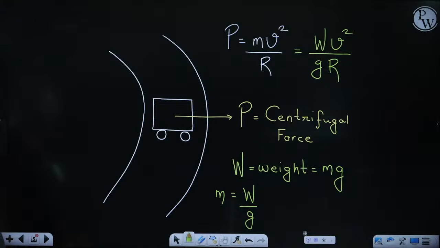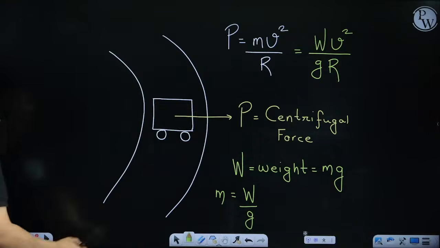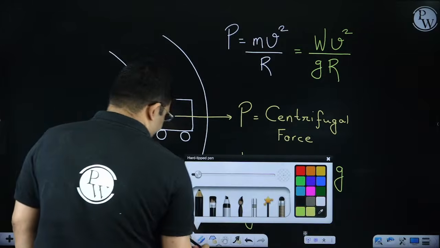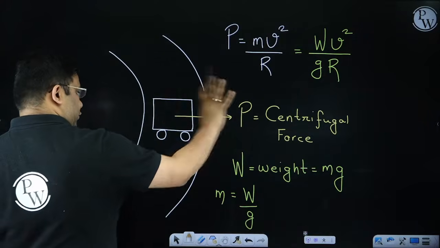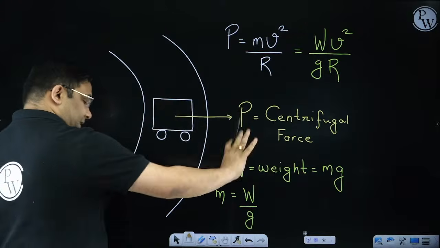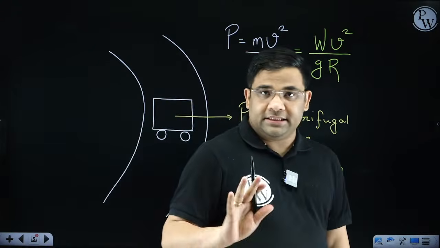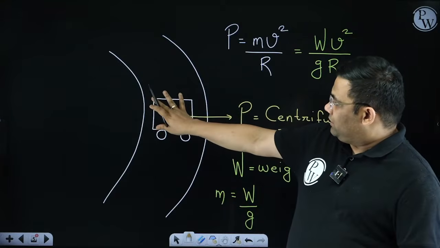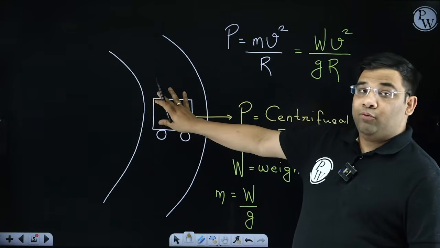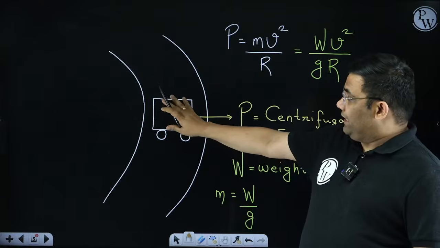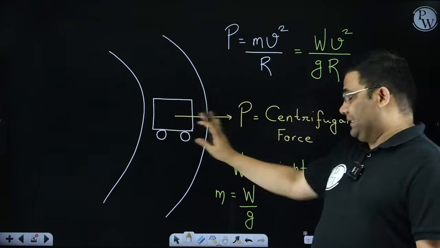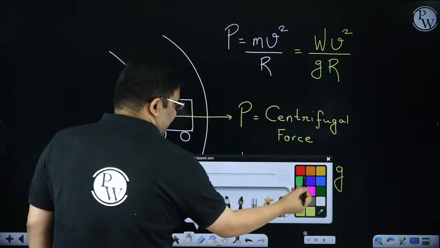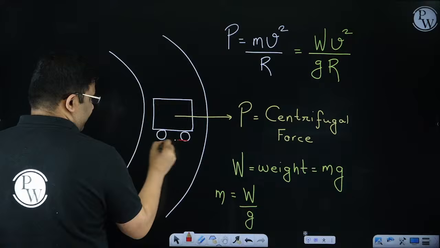Now, this centrifugal force will try to push the vehicle outwards. That will lead to skidding. To oppose that, there will be frictional force.